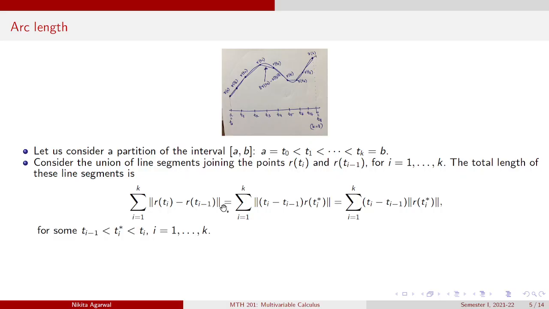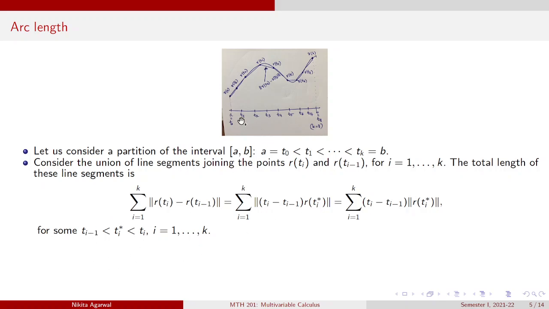Now by the mean value theorem, because of the assumption that we have made about C1, r(ti) minus r(ti-1) is equal to r'(ti*) times (ti minus ti-1) for some ti* in this interval.